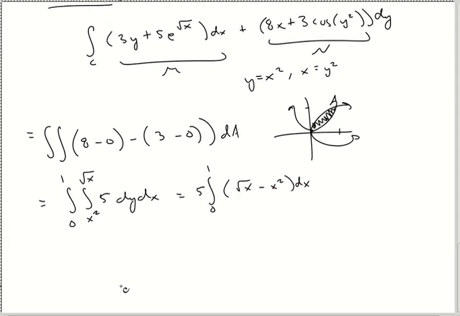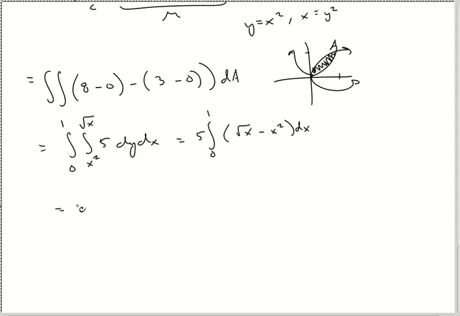Again, at that point, you can just pop it in a calculator if you like, but obviously it's just easy integrals from here on out. 2/3 x to the 3/2, and then minus x cubed over 3 from 0 to 1. Putting the 1's in, I get 2/3 minus 1/3.